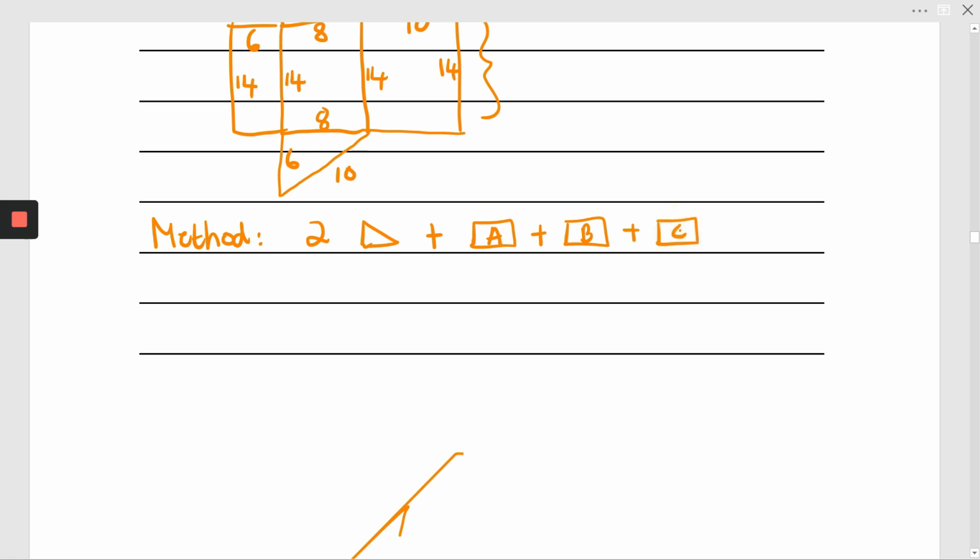In fact, for a Toblerone, all 3 of them are the same, but I must never assume that they're all the same. So that is 2 of half little base times little height inside the triangle. And then these guys will all be length times breadth, but I can see them already. They've all got 14 as their length. So it's going to be 14 times 6, 14 times 8, and 14 times 10.